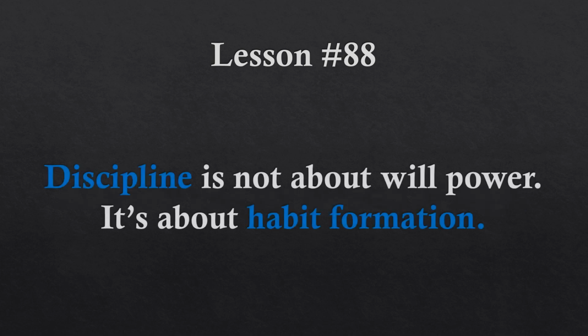Lesson number 88. Discipline is not about willpower. It's about habit formation. Many trading educators talk about discipline and the fact that you should have discipline to trade. Nothing could be more obvious than that. Of course you need to be disciplined. The issue is how to be disciplined. The guideline that you should be disciplined implies that it's about willpower, but that's incorrect.